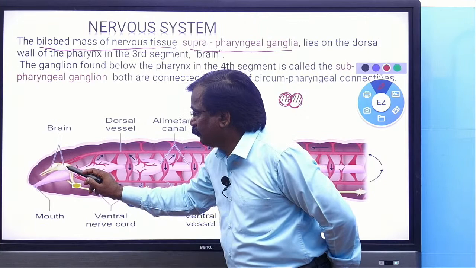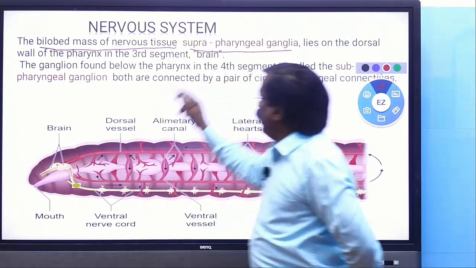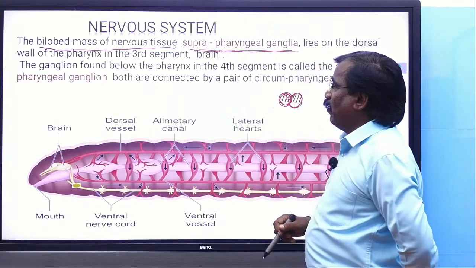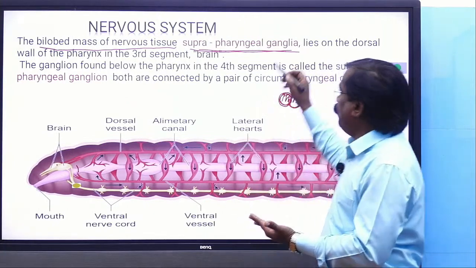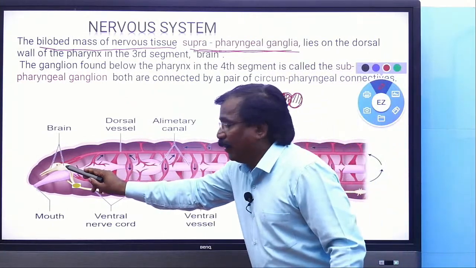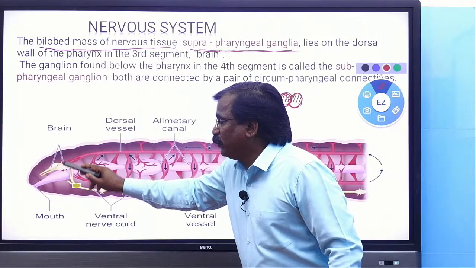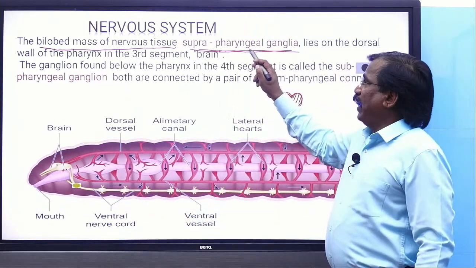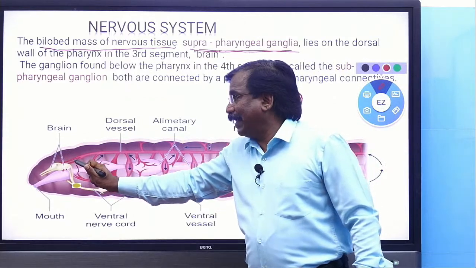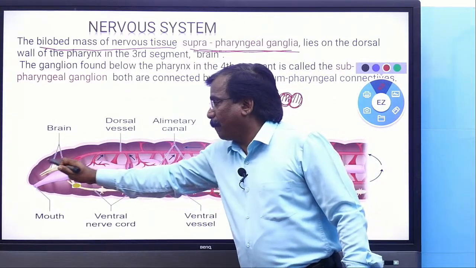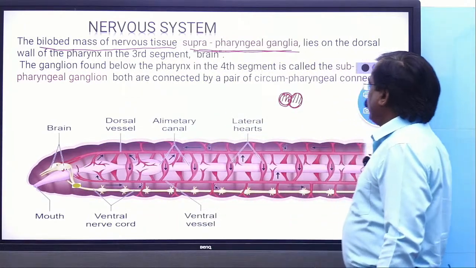Supra means above, and pharyngeal refers to the pharynx. So it is the bilobed ganglion situated above the pharynx. The suprapharyngeal ganglia act as the brain.